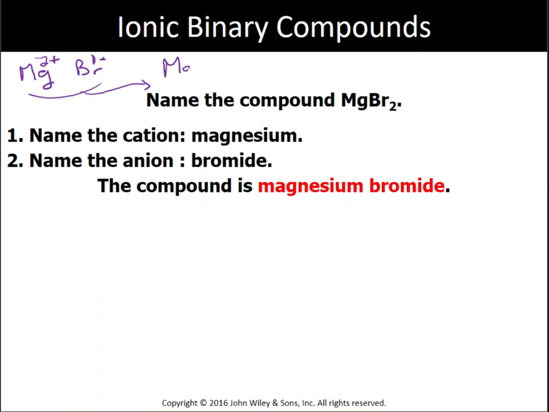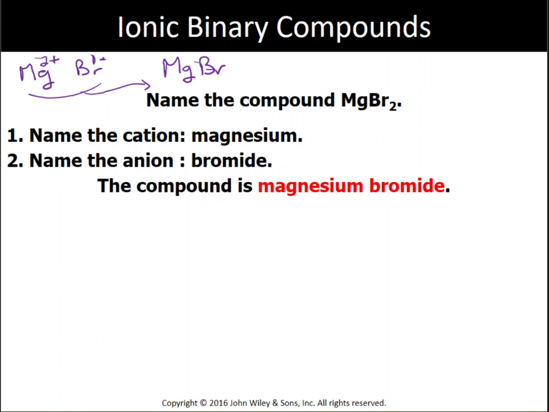Now, in order to write the formula of a compound that's composed of magnesium ion and bromide ion, we first write the metal, which is magnesium, and then the non-metal, which is bromine. Now, we got to balance the charge between these two to make sure the ionic compound is neutral.